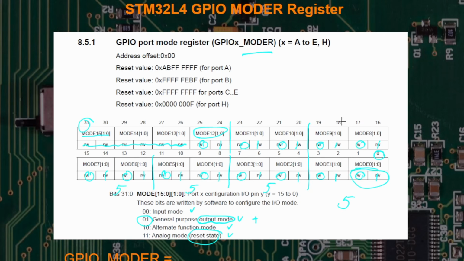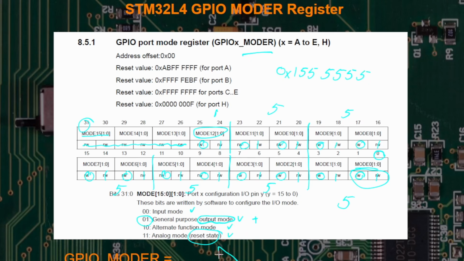This one will be 5. This one will be 5. This one though will not be 5 because we're not doing anything with mode 13. This one will be 1. So our hexadecimal at the end of the day should be 1, 5, 5, and then 4 5s for the lower bits. Great. So this is our hexadecimal value. Do you see a problem here?